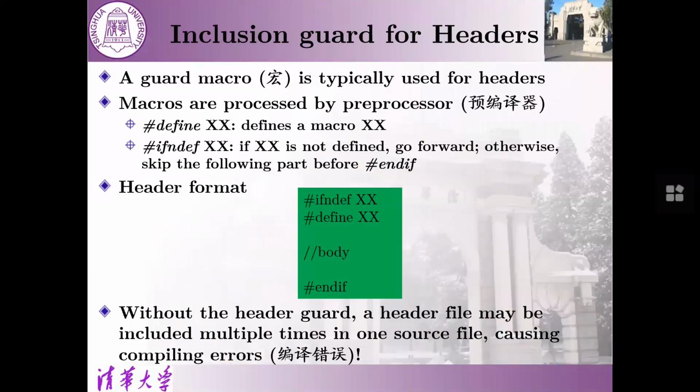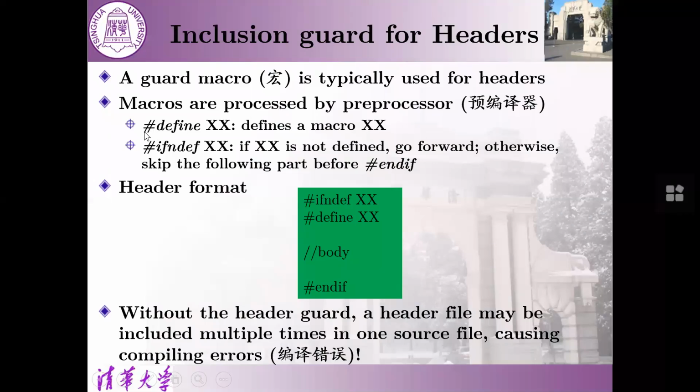And also, there's an inclusion guard for headers. So this is a guard macro. It's typically used for headers. Macros are processed by the preprocessor, that means before the compiling process. It's a text process.